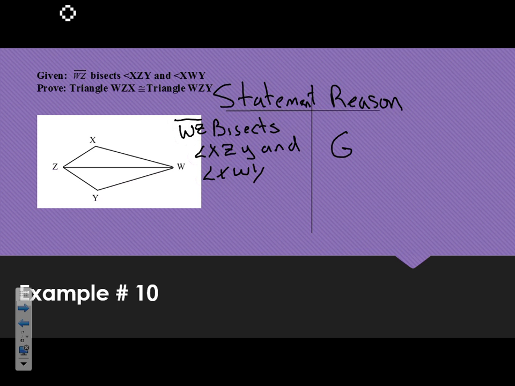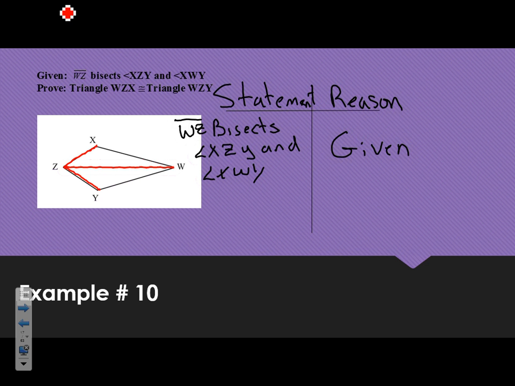So that's all of my given. So now we have to decide what that means. We're saying that this segment right here bisects 2 angles.